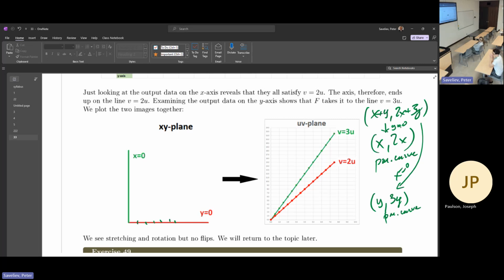But based on the picture, why is there no flip? How would you tell if there were a flip? What would the picture look like? They would be intersecting. No, they are intersecting. It's the way they intersect each other.